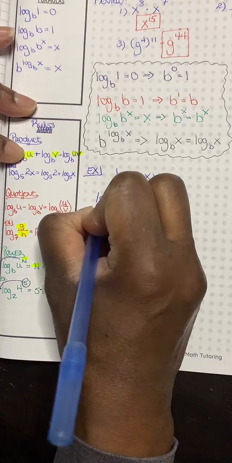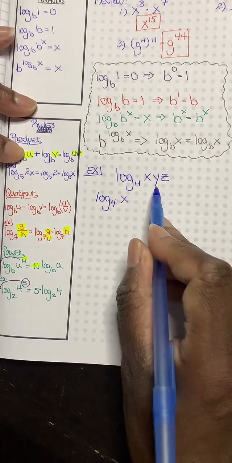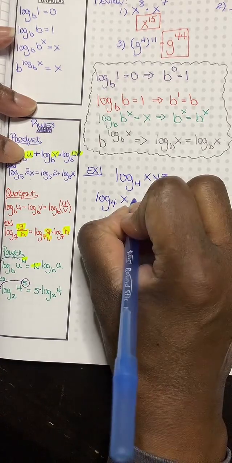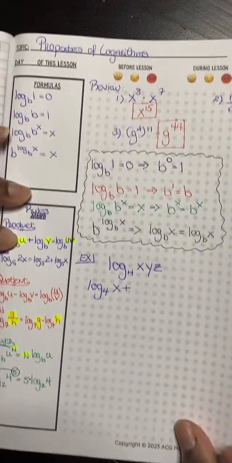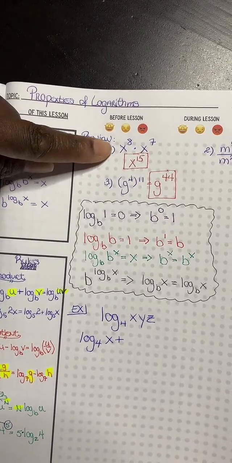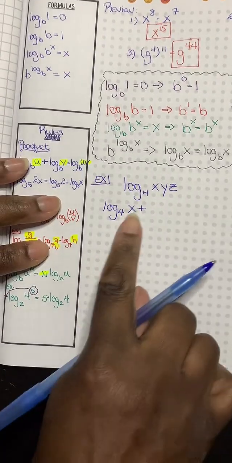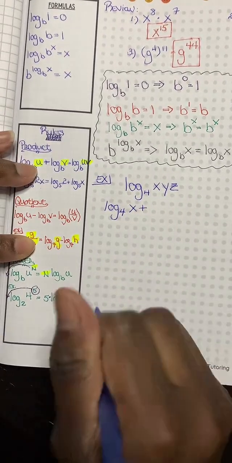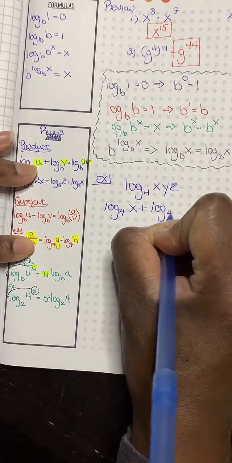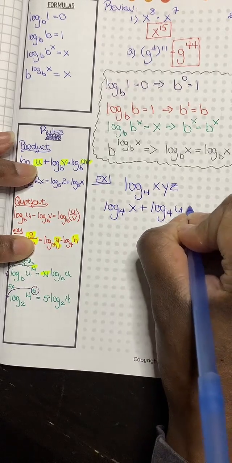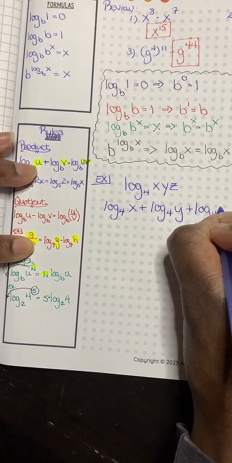We got our log base 4 of x. And since it's the product rule, that means we're going to add them together. Just like when we were doing the exponents. When we're multiplying, we add the exponents. So right here, we're multiplying, so we're going to add the logs. Now we have our log base 4 of y plus our log base 4 of z.